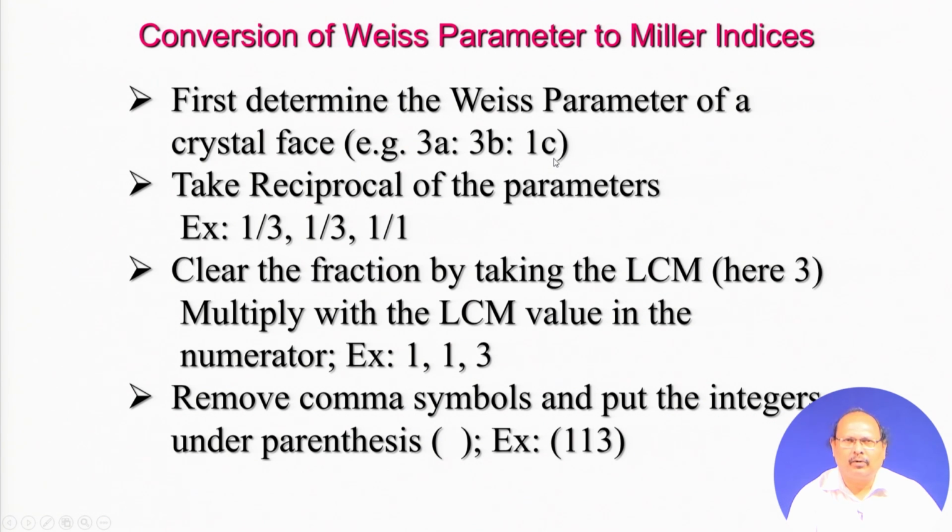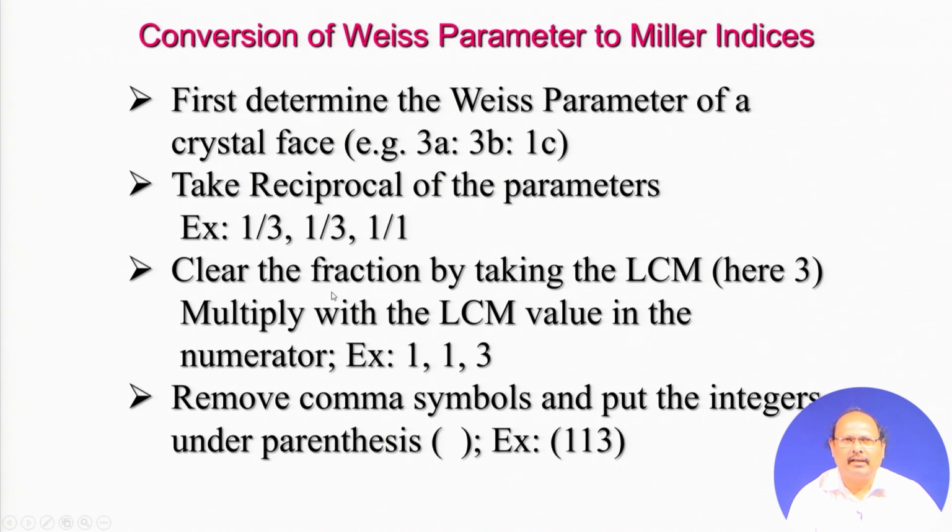If you want to convert this Weiss parameter into the Miller indices symbol, what you have to do? You have to take the reciprocal of these whole numbers. So, 3 becomes 1 by 3, 3 becomes 1 by 3 and 1 is 1 by 1. In order to clear the fractions, you have to take the LCM. Here this is 3, and you multiply the numerators by 3.